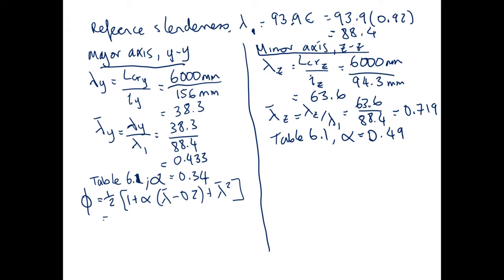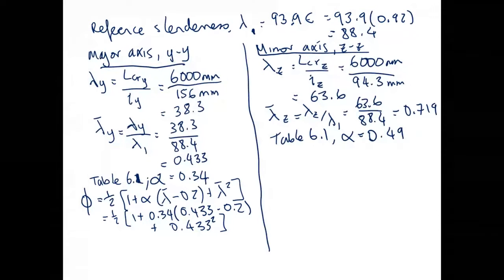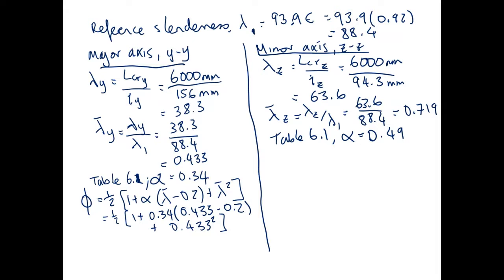So on this side, we're going to put in a half into 1 plus 0.34 into 0.433, which is the normalized slenderness value, minus 0.2, plus 0.433 squared. Okay, so see how that worked out.